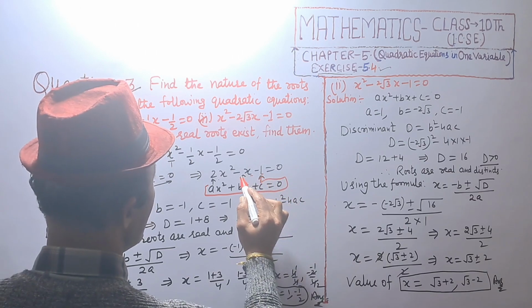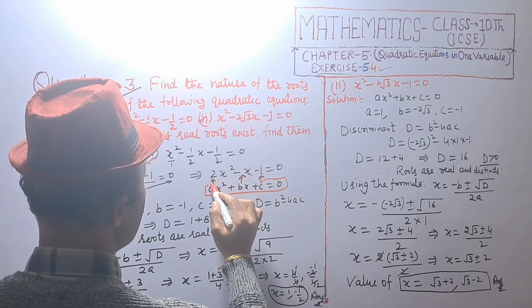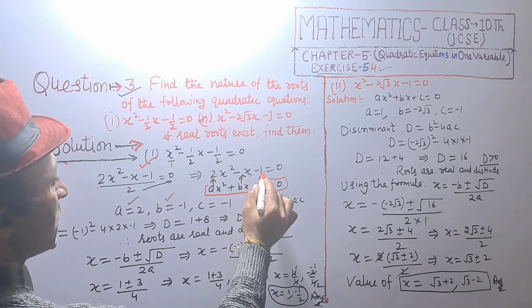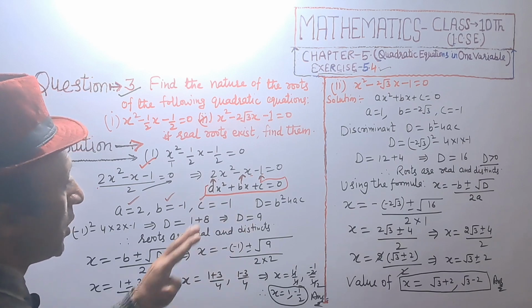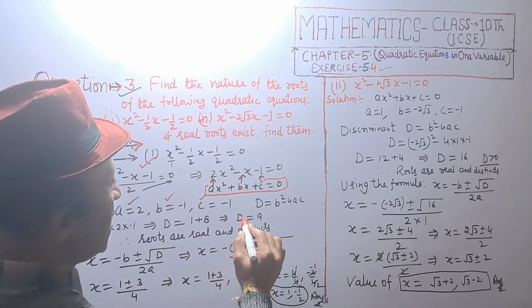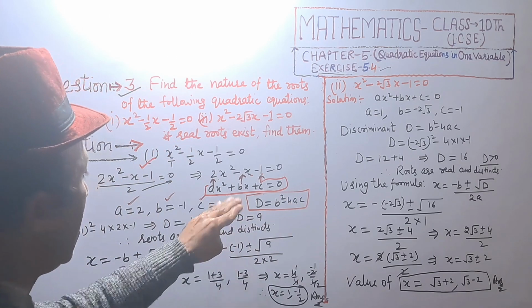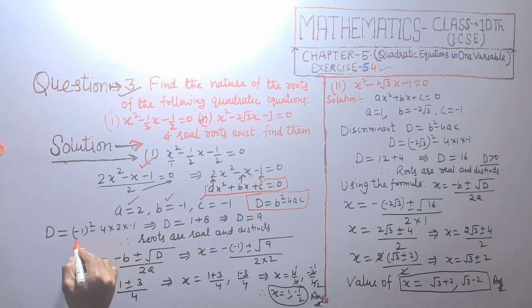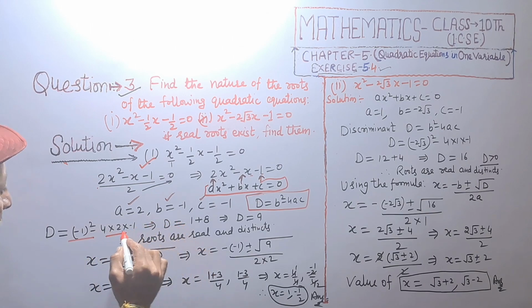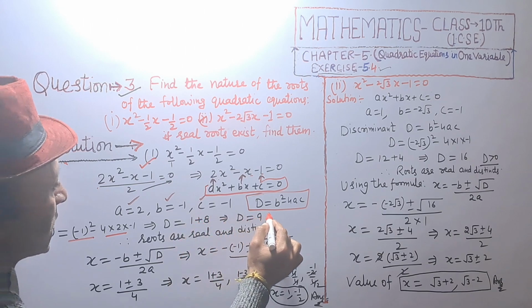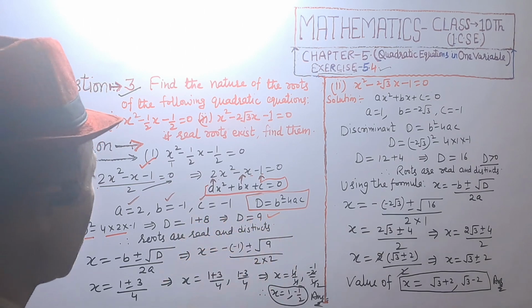Then we get the values of a, b and c. Value of a is equal to 2 and b is equal to -1, c is equal to -1. Discriminant D is equal to b^2 - 4ac. B is (-1)^2 - 4 into 2 into -1, that is minus minus is plus, 4 2s are 8, 8 plus 1 is 9. Discriminant is equal to 9.